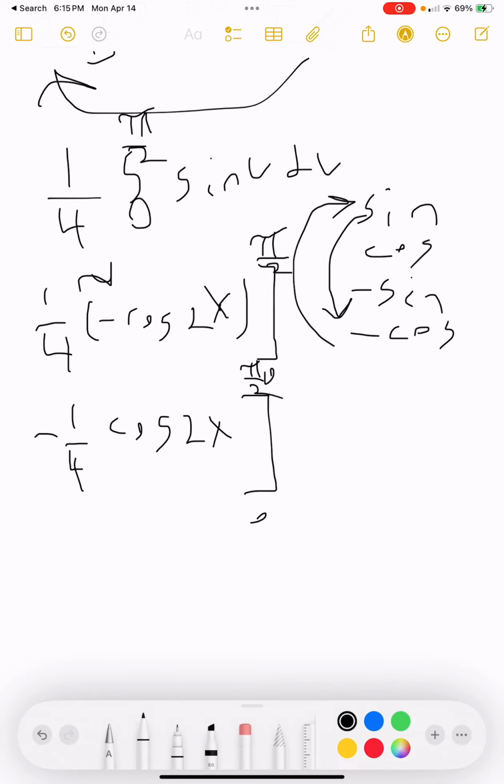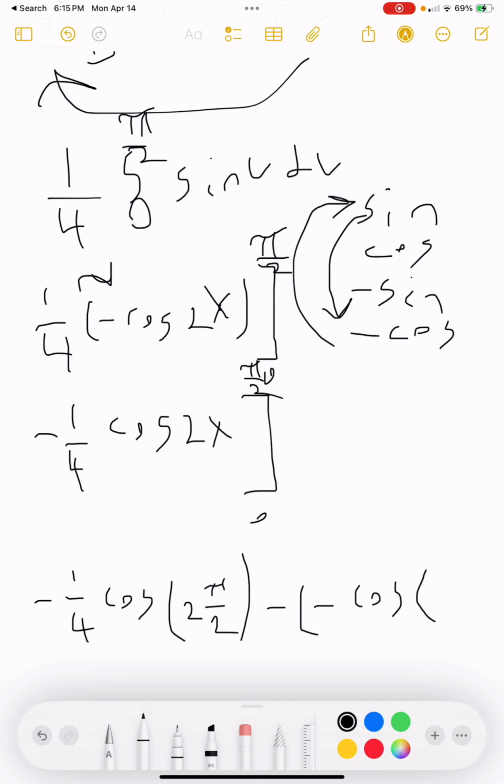So what this means is we're really taking negative 1/4 times cosine of 2 times pi over 2, minus cosine of 2 times 0. Oh, forgot the 1/4 right there.